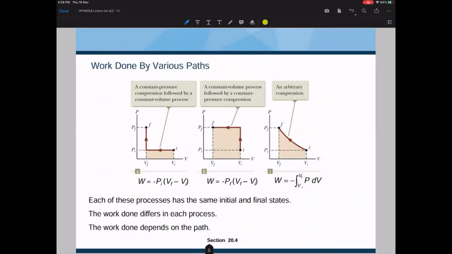Remember, once again, work done equals the negative of the area under the PV diagram.